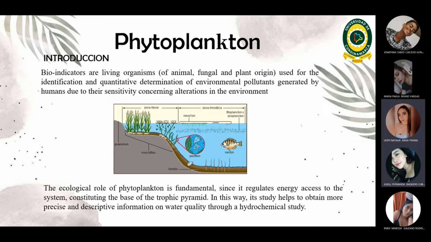The ecological role of phytoplankton is fundamental since it regulates energy access to the system, constituting the base of the trophic pyramid. In this way, its study helps to obtain more precise and descriptive information on water quality through a hydrochemical study. For these reasons, it's considered a good bioindicator of the ecological state of pollution in lakes, rivers, and wetlands.